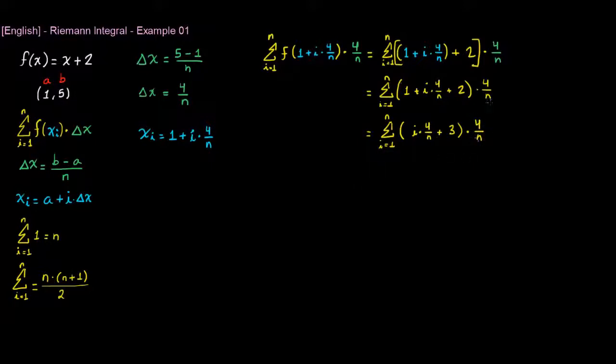Now I'm going to multiply this 4 over n times this term, plus this one times 3. So the summation from i equal to 1 until n would be i times 16 over n squared plus 12 over n. There it is, looks nicer.